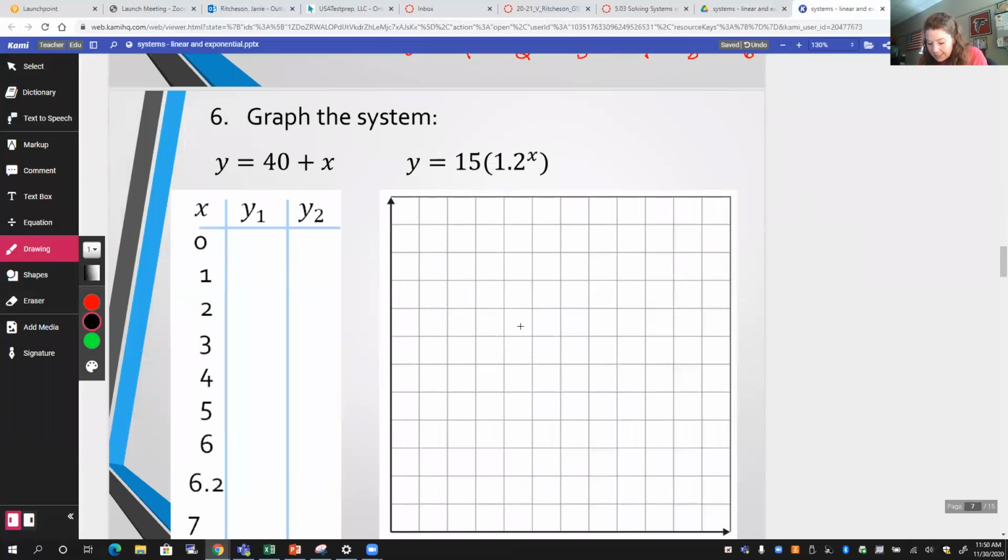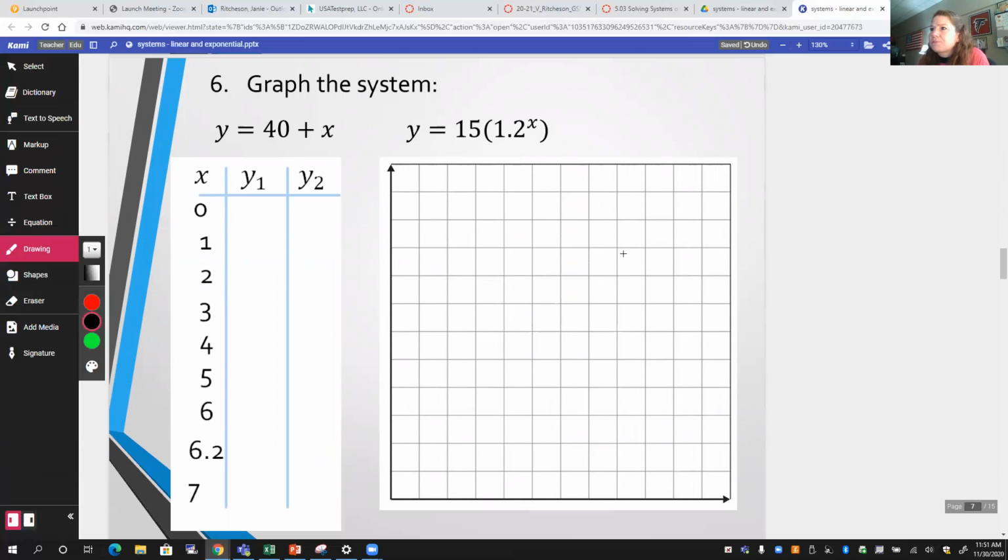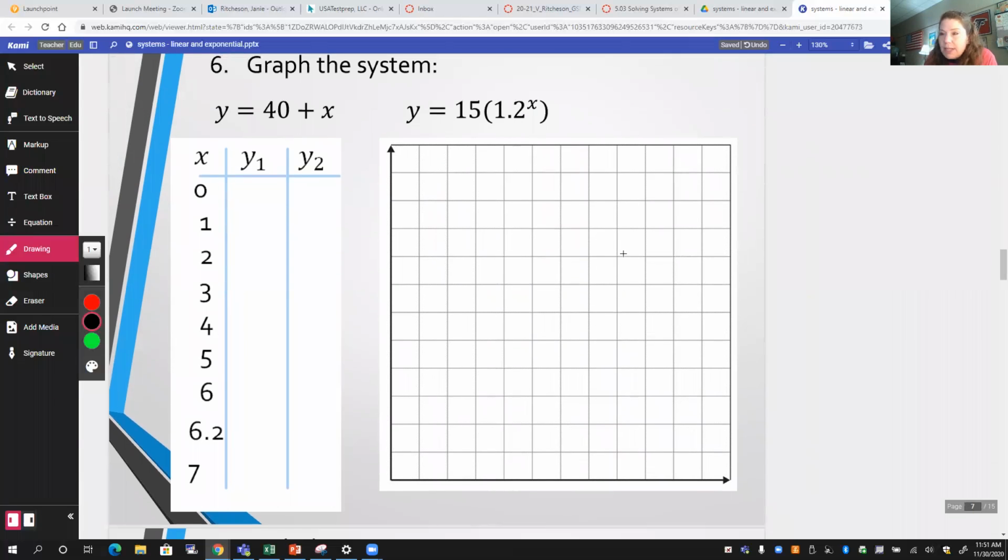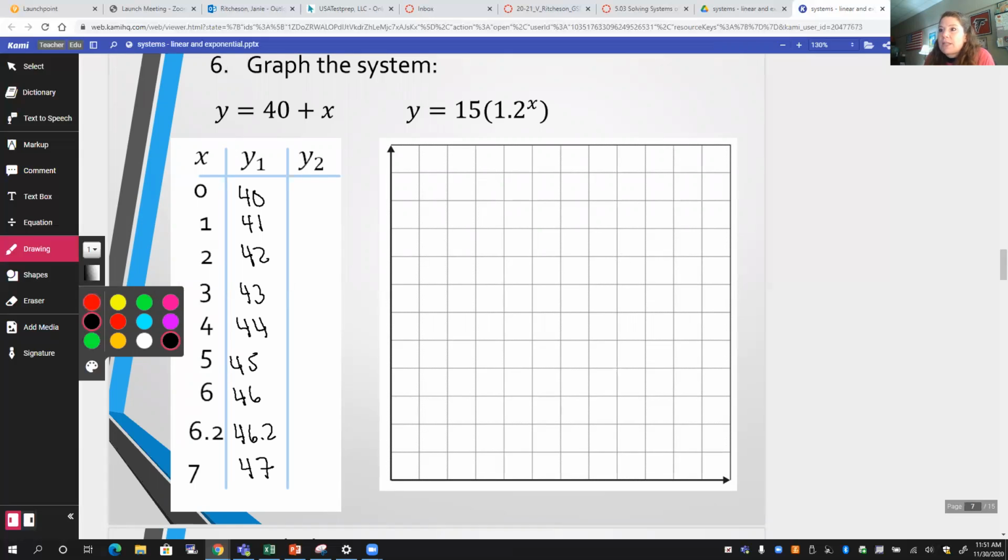All right, and then number 6. So hopefully you guys did okay on those. All right, so number 6. Here's 40, 41, 42, 43, 44, 45, 46, 46.2, and 47 for our linear.